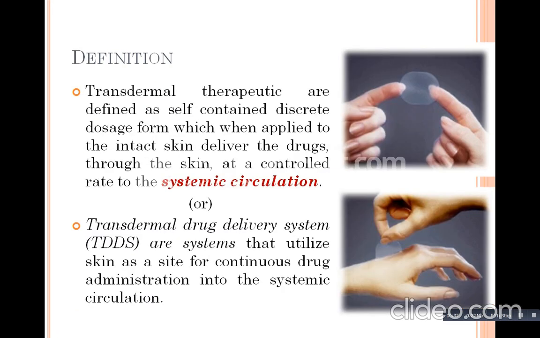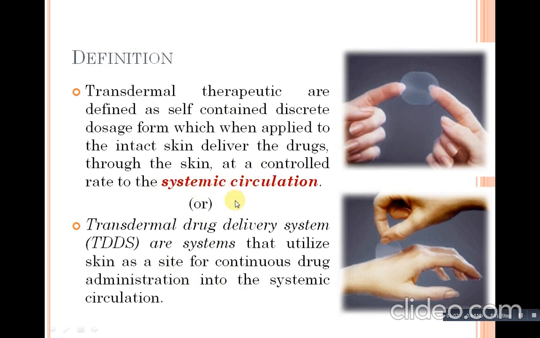First, we'll see the definition. Transdermal drug delivery systems are defined as self-contained discrete dosage forms which, when applied to the intact skin, deliver the drug through the skin at a controlled rate to the systemic circulation. Or it can also be defined as a system that utilizes skin as a site of continuous drug administration into the systemic circulation.